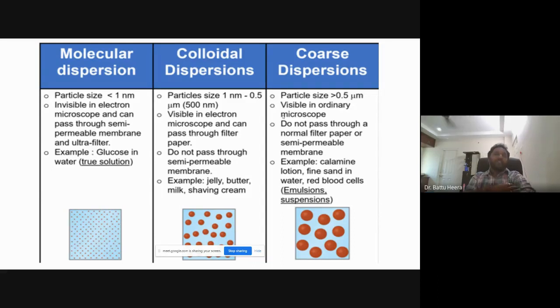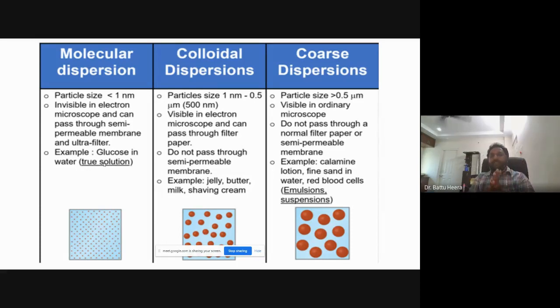Coming to the molecular dispersion, the particle size is less than 1 nanometer and they are invisible. See the difference, see here. They are invisible in an electron microscope and can pass through the semi-permeable membrane and ultrafilter. Example, glucose in water. Definitely, it forms a true solution.